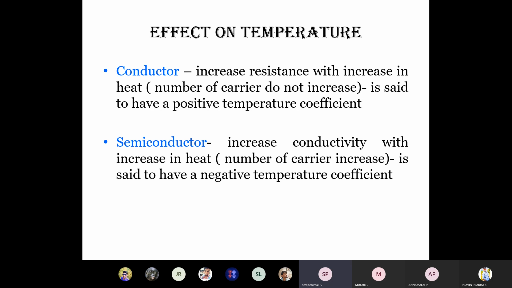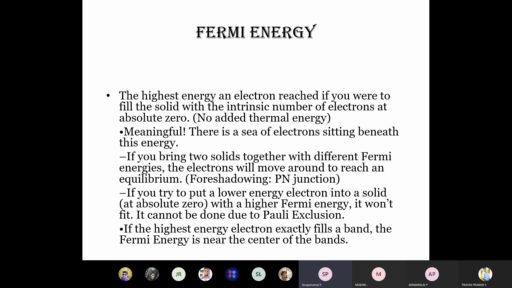In the case of a semiconductor, the conductivity increases with an increase in heat, which is said to be a negative temperature coefficient. Here the number of carriers also increases. That is the difference between a conductor and a semiconductor.